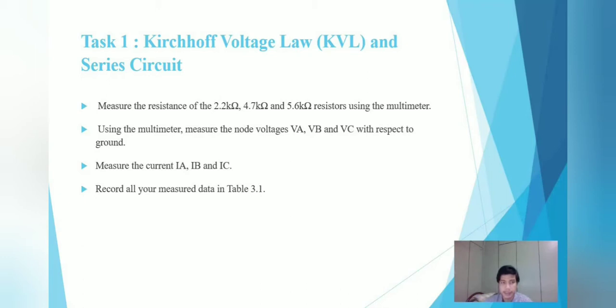Second, using the multimeter, measure the node voltages VA, VB and VC with respect to ground. Third, measure the currents A, B and C. Lastly, record all your measured data in Table 3.1.